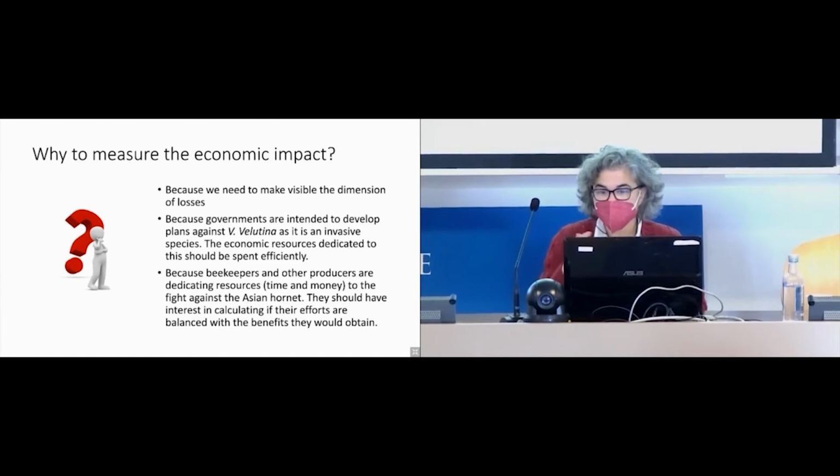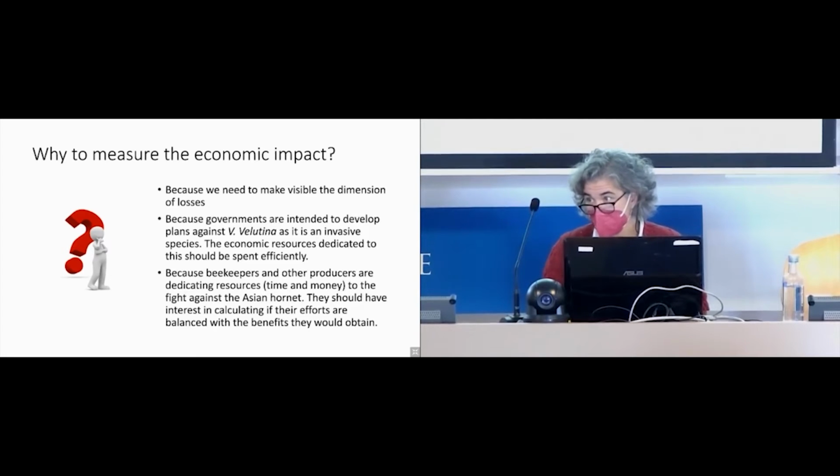Another answer to this question is that governments intend to develop plans against Vespa velutina, as it is an invasive species. And the economic resources dedicated to these plans should be spent efficiently.